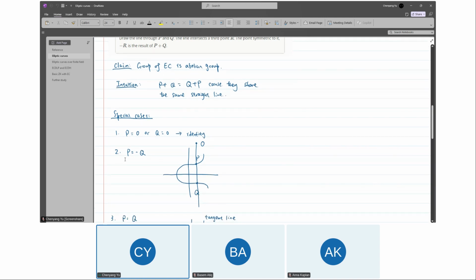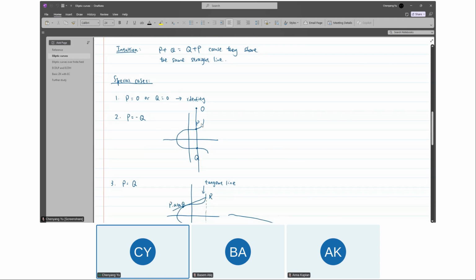The second special case is, what if P is the inverse of Q? Geometrically, they are symmetric across the x-axis like this. In this special case, if you do P plus Q, you get that imaginary point, capital O, somewhere.